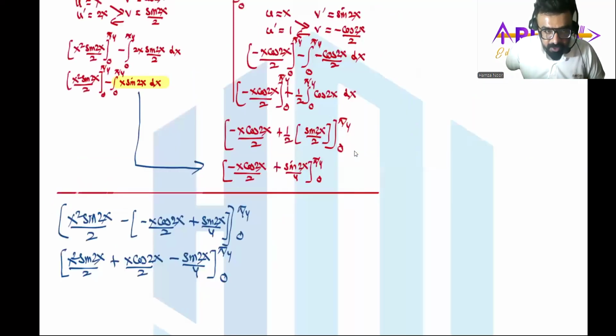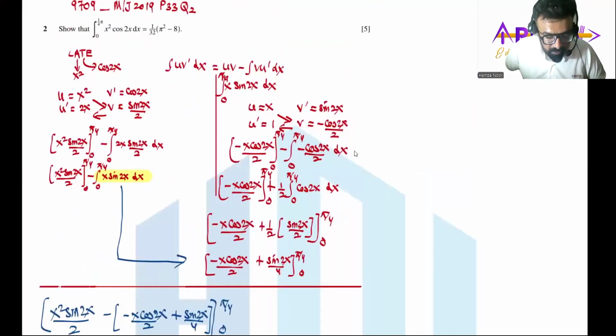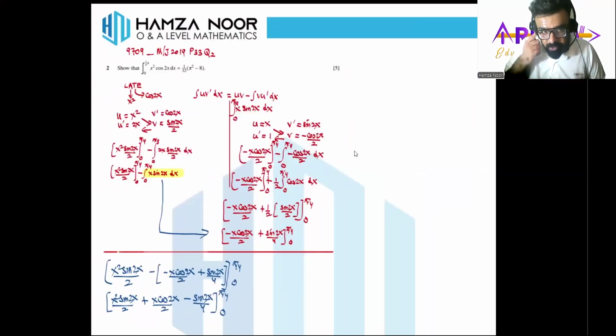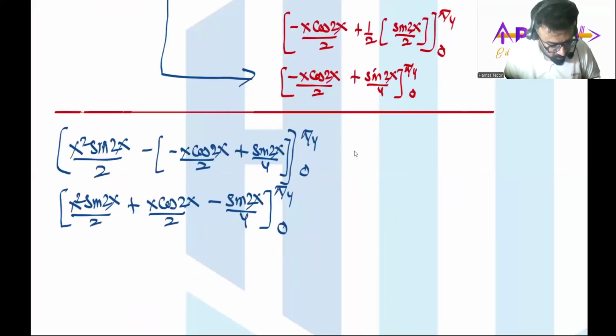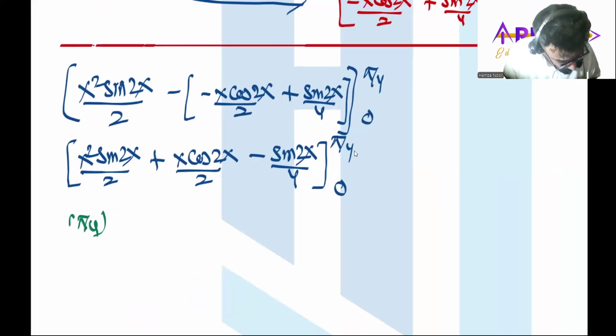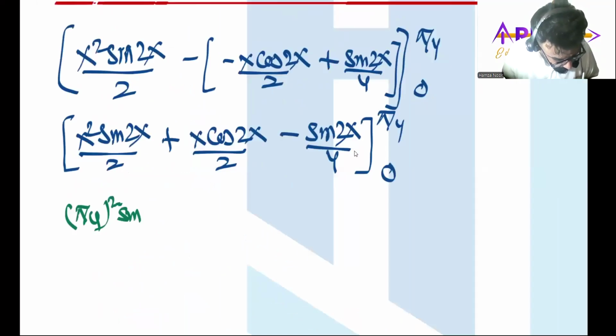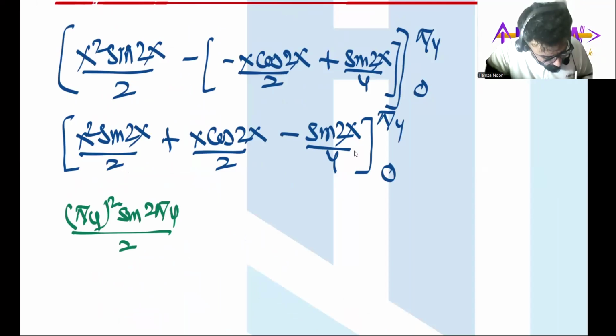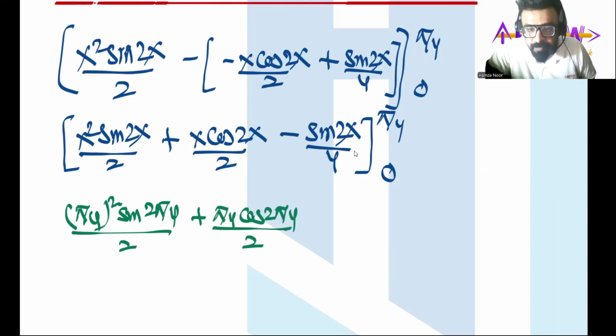Okay, so now every integration is now done. Now what we need to do, we need to substitute these upper limit and lower limits respectively. All right, so pi over 4 is squared, pi over 4 is squared multiplied by sine 2 pi over 4 completely divided by 2 plus pi over 4 times cos 2 pi over 4 completely divided by 2.